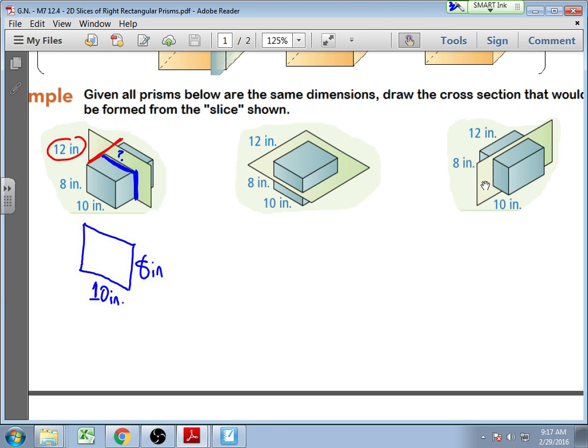My next one will be flat. I'm going to kind of try to draw that. My next one will be standing. It's a little hard to draw with perspective. If you can't draw with perspective, just draw a regular rectangle.